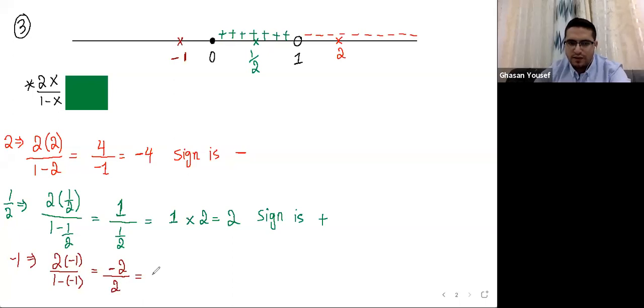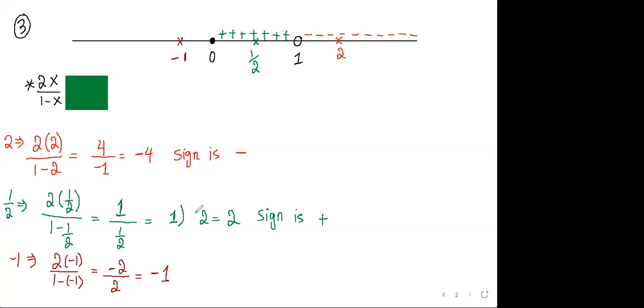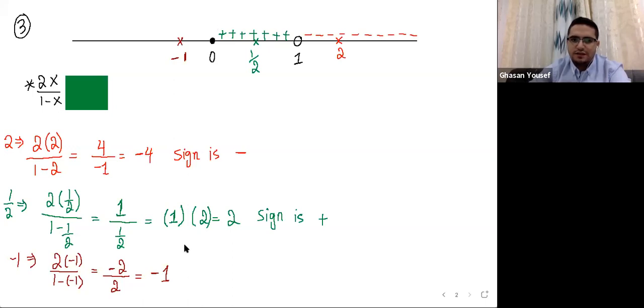Divided by 2, I get -1. What is the sign? Negative, exactly. So here I get negative, negative, negative like this.